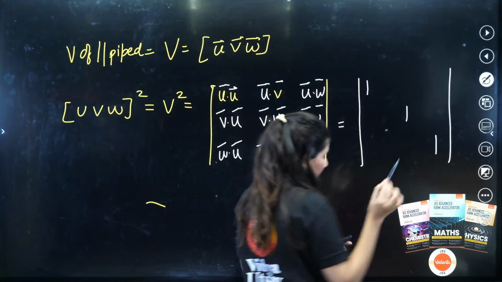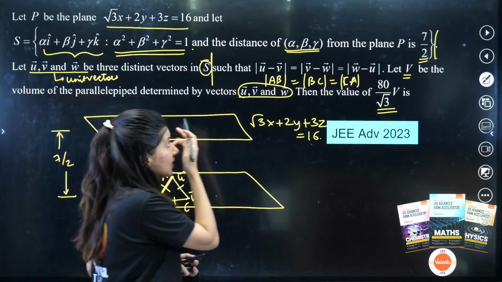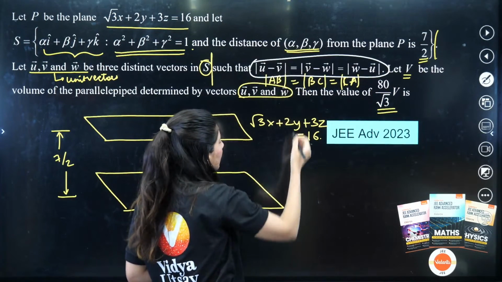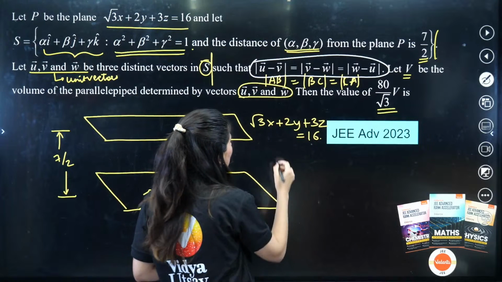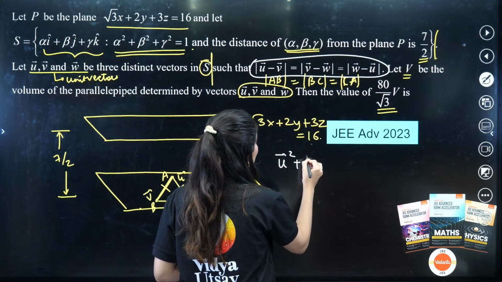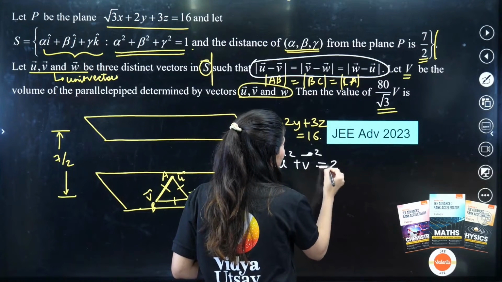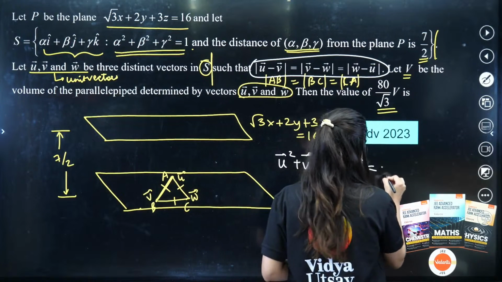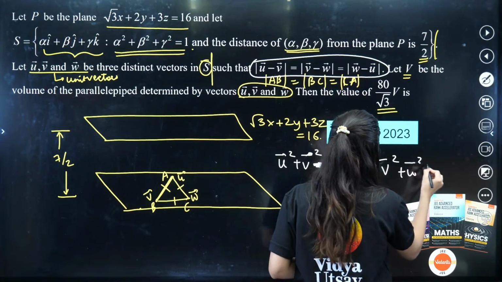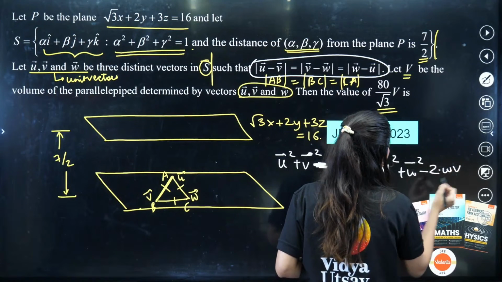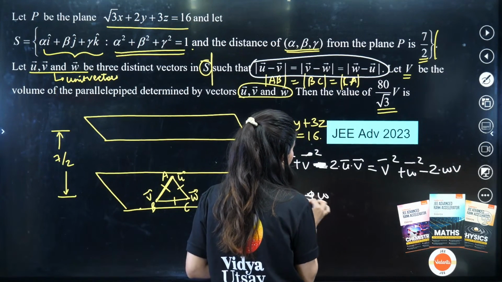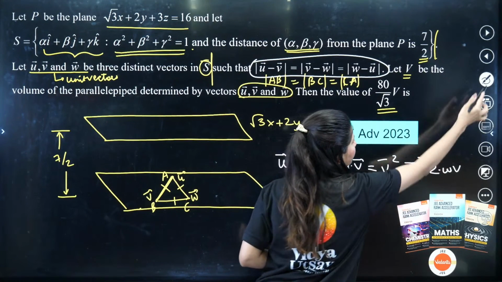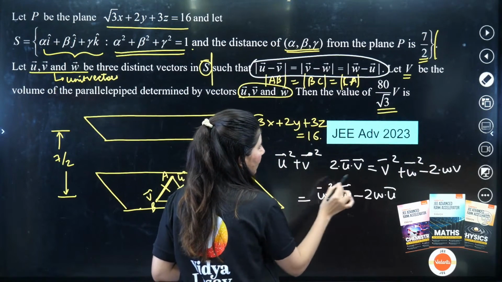And one more thing, if I just square and add all the 3 terms, so if I square this, what I'm going to get is U squared plus V squared minus 2 U dot V, which is equal to V squared plus W squared minus 2 V dot W. And next we have W squared plus U squared minus 2 W dot U.